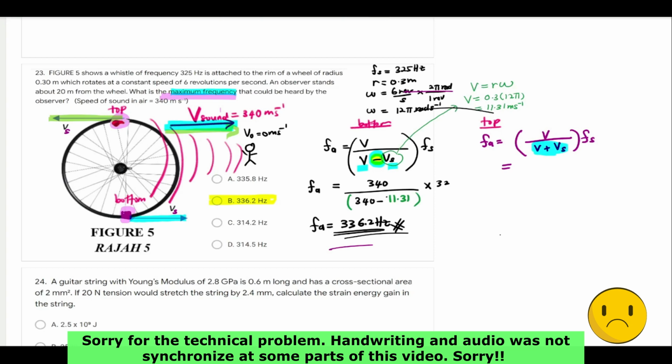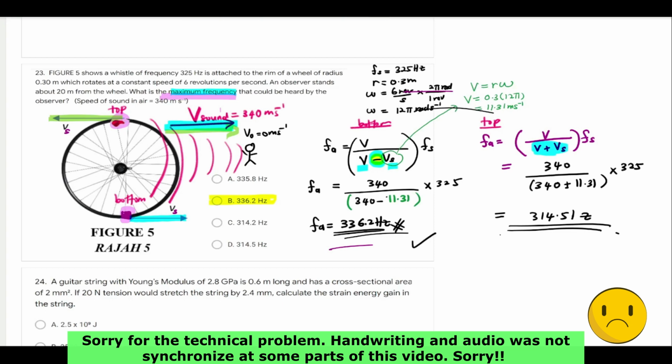Okay, 11.31, times 325 Hz. Okay, you cuba kira lah, you dapat berapa. Mesti dapat lebih kecil. Okay, you akan dapat, saya rasa 314.5 kot. Okay, cuba you kira. Okay, so dia nak soalan minta maximum frequency. So, mestilah 336.2 Hz. So, jawapan dia yang ini.